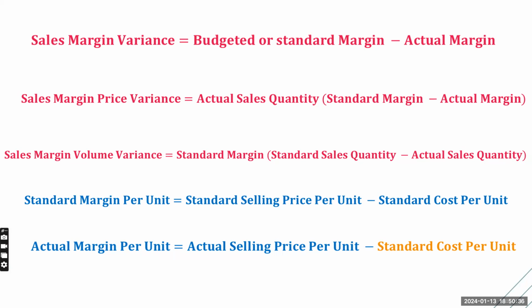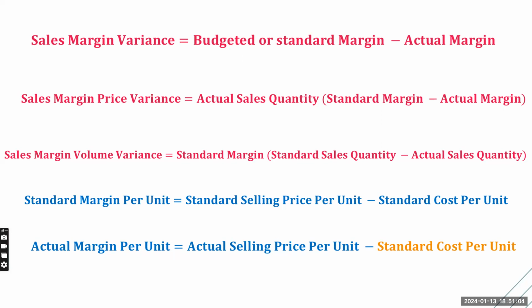Sales margin volume variance: change in the volume multiplied by standard sales margin. How do you get the margin? Standard margin per unit is standard selling price minus the standard cost per unit. How do you get the actual margin per unit?